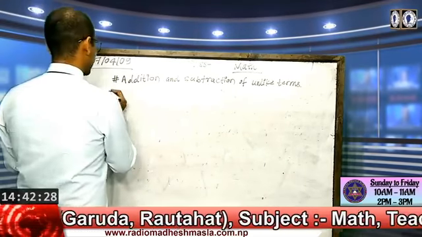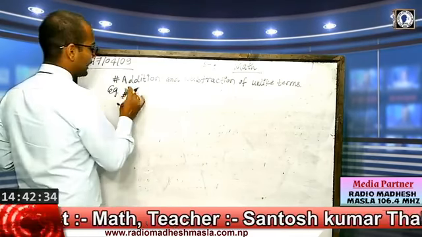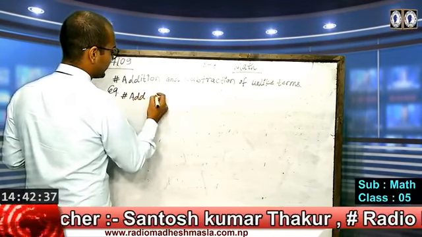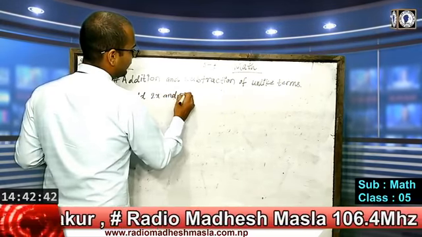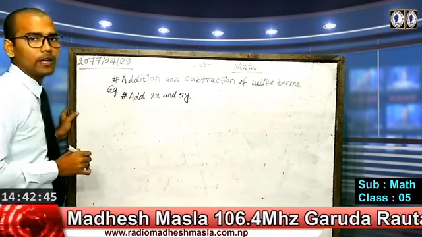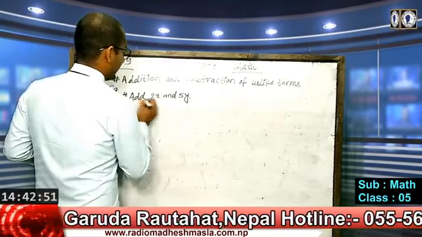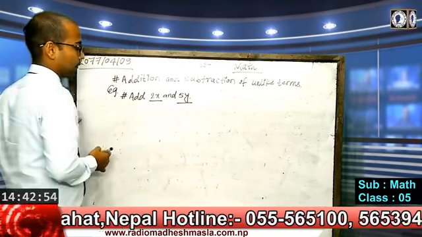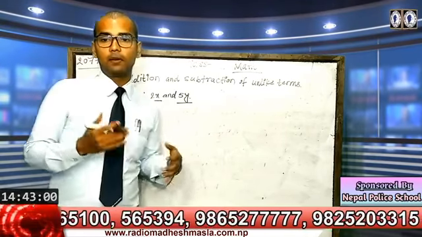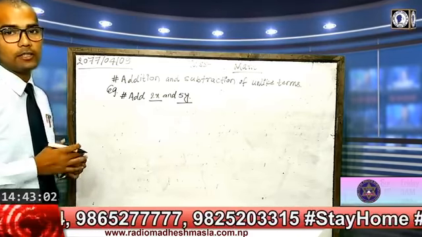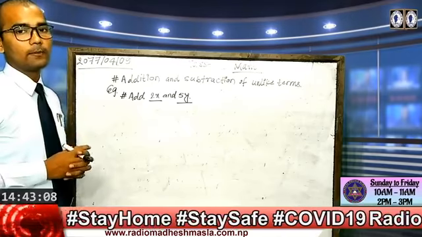For example, in the first example, add 2x and 5y. Students, be careful here and listen very carefully. Add and sum mean addition, so we should place the plus symbol between the terms.